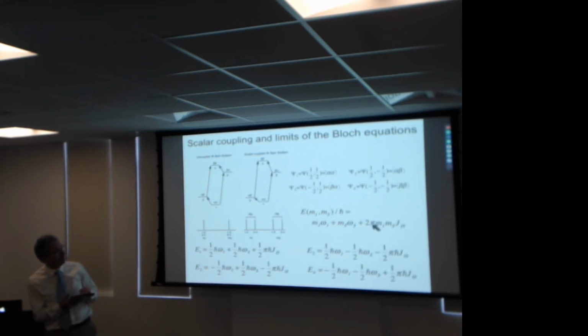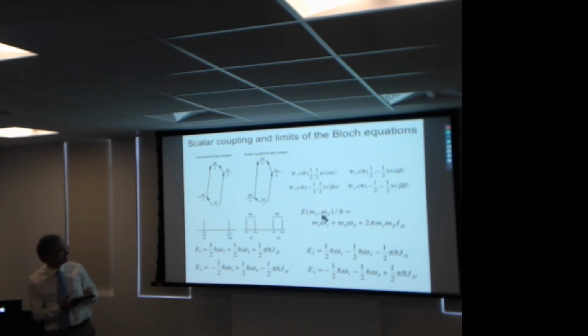The effect of that is, if both states are alpha, for example, then this would be 1/2 times 1/2, which is a positive number. If both states are beta, we get -1/2 times -1/2, which also is positive.